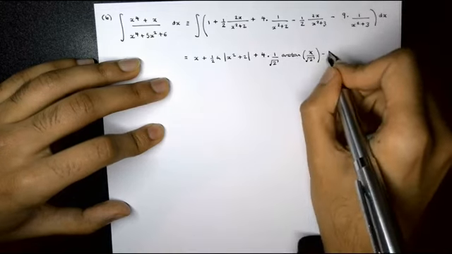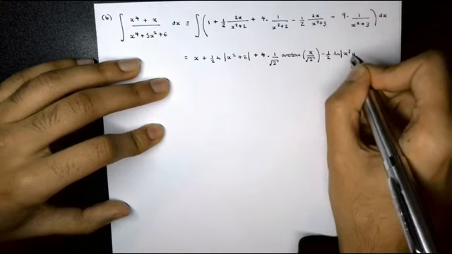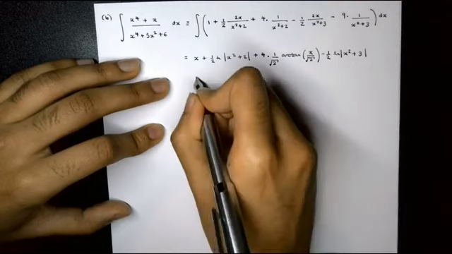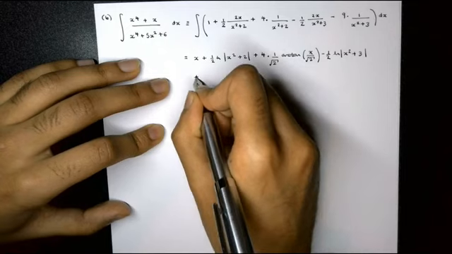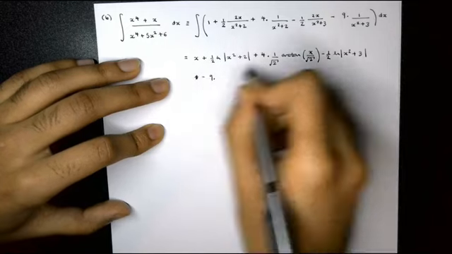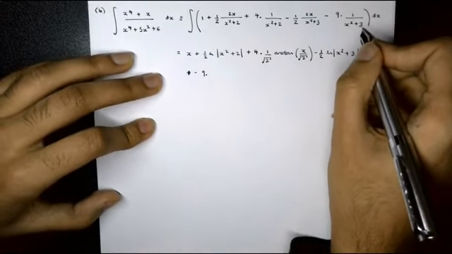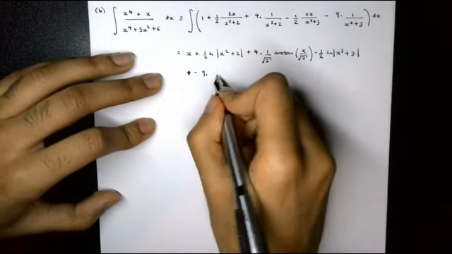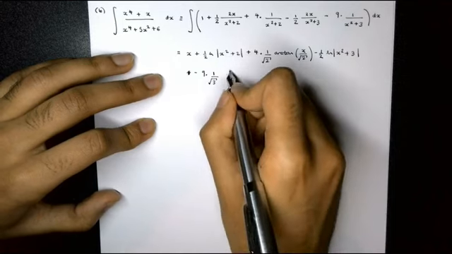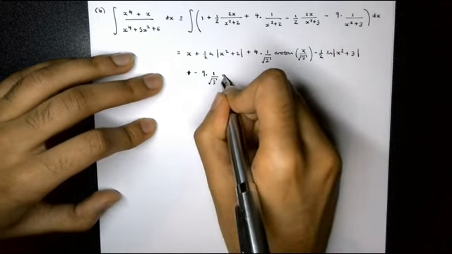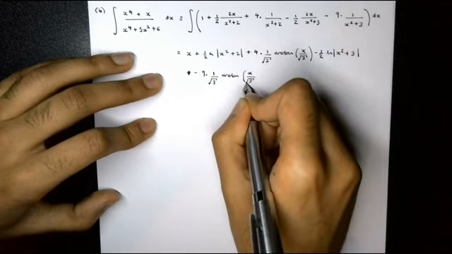Over here we've got minus 1/2 times the natural log of x squared plus 3. And then over here, minus 9 lots of, well, this is of the form 1 over x squared plus a squared. A is equal to root 3, so here we've got minus 9 lots of 1 over root 3 times the arctan of x over root 3.